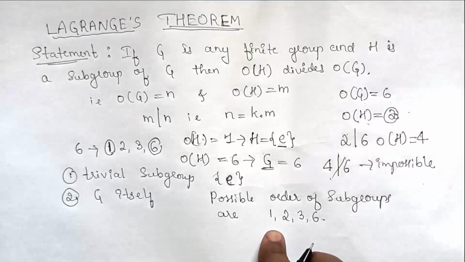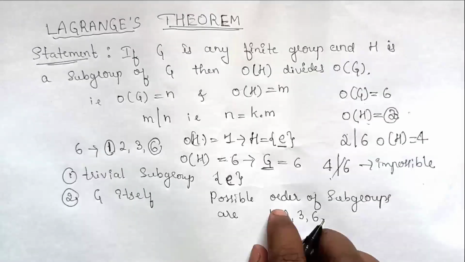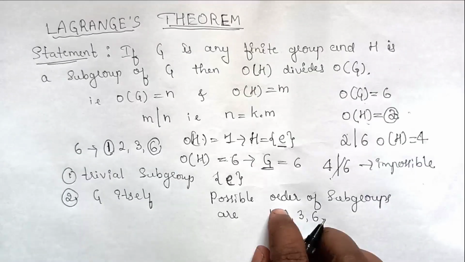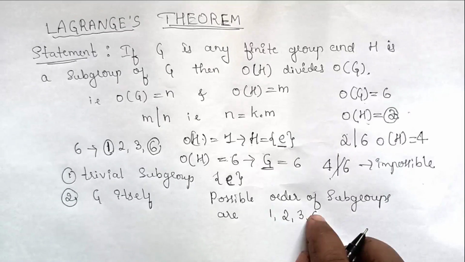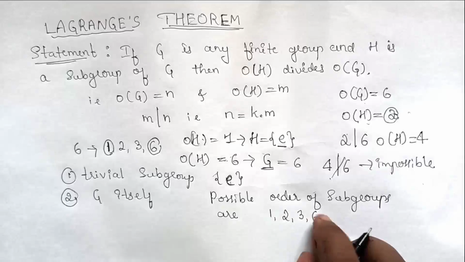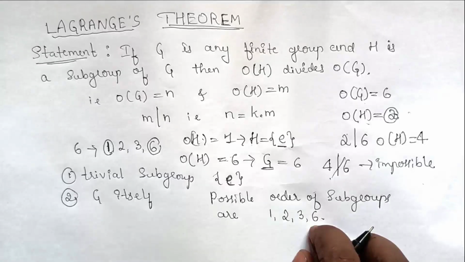So this is the use of Lagrange's theorem. Lagrange's theorem is useful to find the possible orders of the subgroups of a group G. Now we shall move towards the proof.